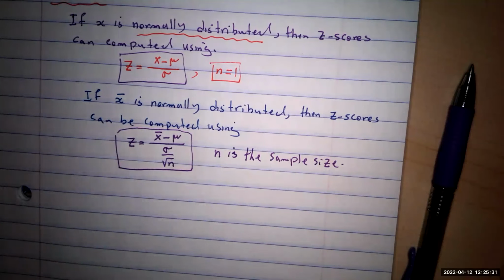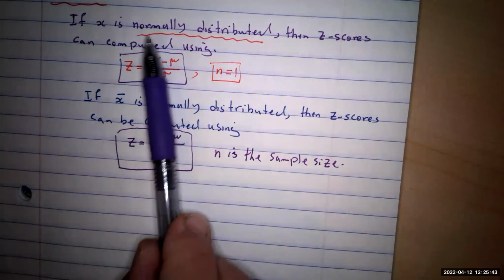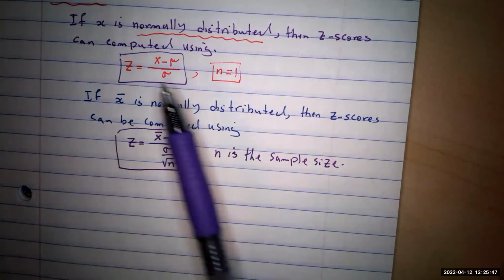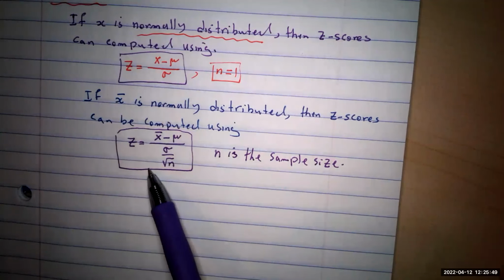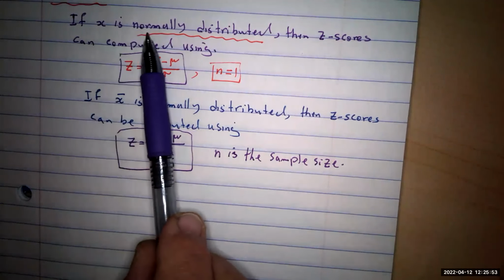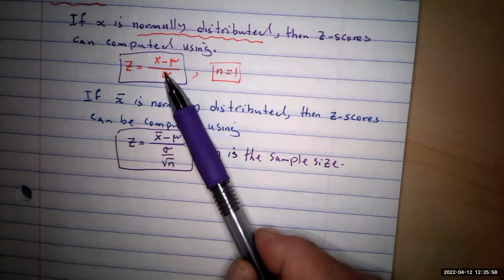That is the one they call the Central Limit Theorem, and they are very proud of it: if X is normal, this X bar would also be normal automatically. So we can use the Z score. But if X is not normal, you cannot use this one.